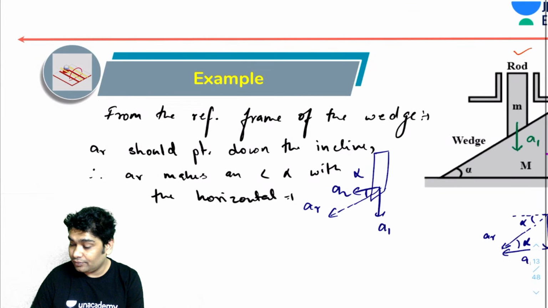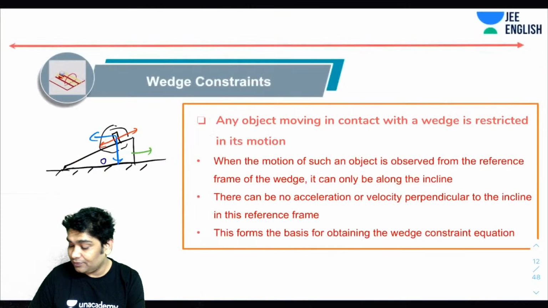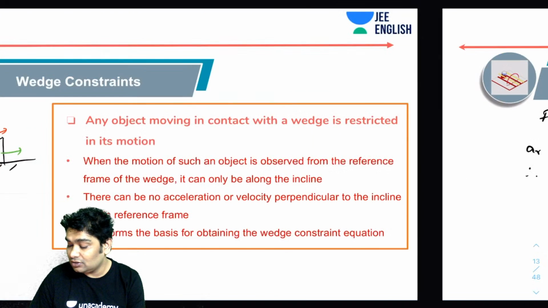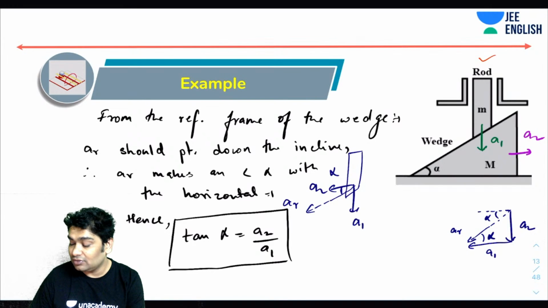Hence tan alpha equals A2 over A1. Now this is what we are going to call the wedge constraint equation.